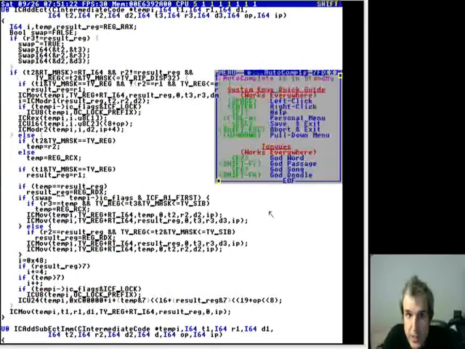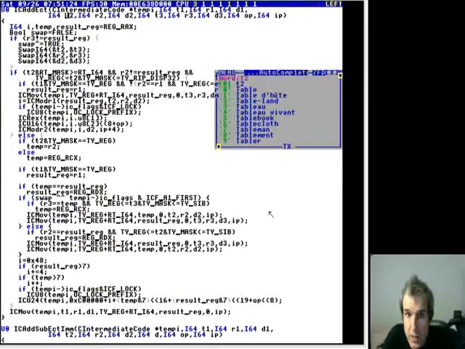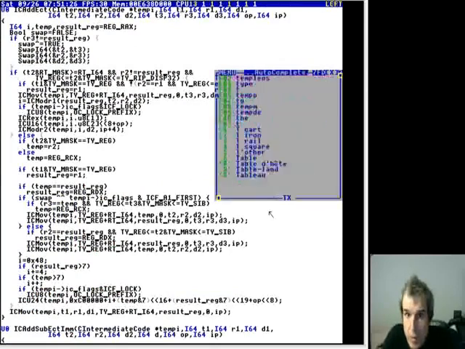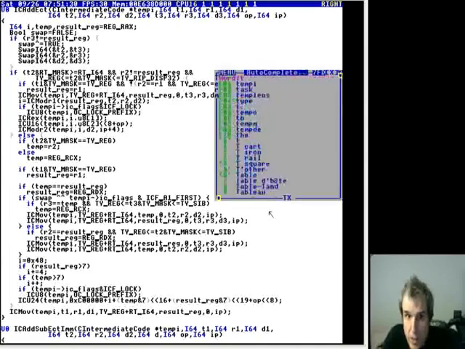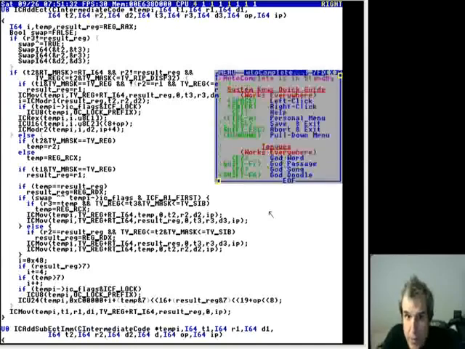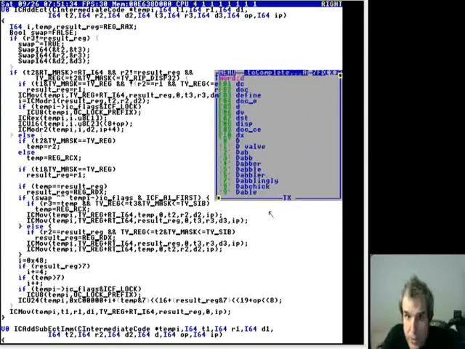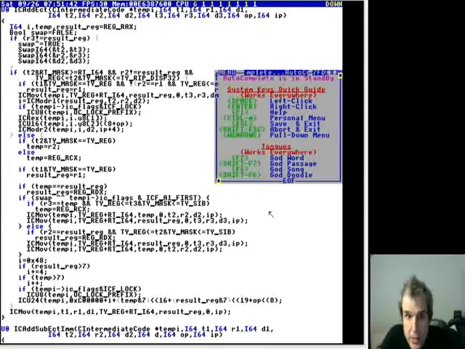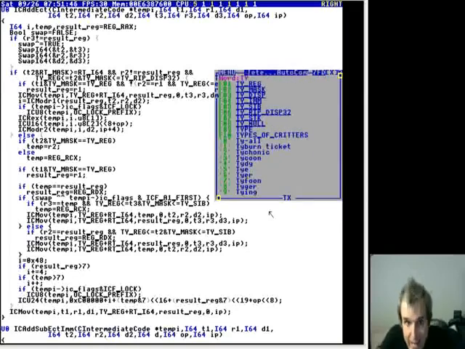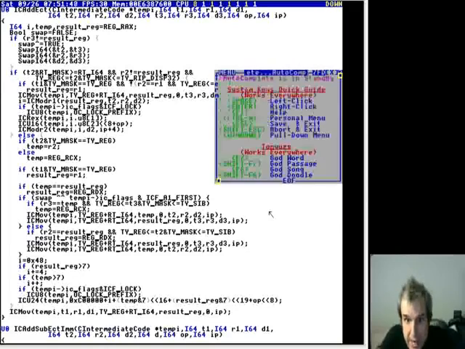This is argument 1 type, argument 1 register, argument 1 displacement, argument 2 type, argument 2 register, argument 2 displacement. The type is actually both the addressing mode and the size.